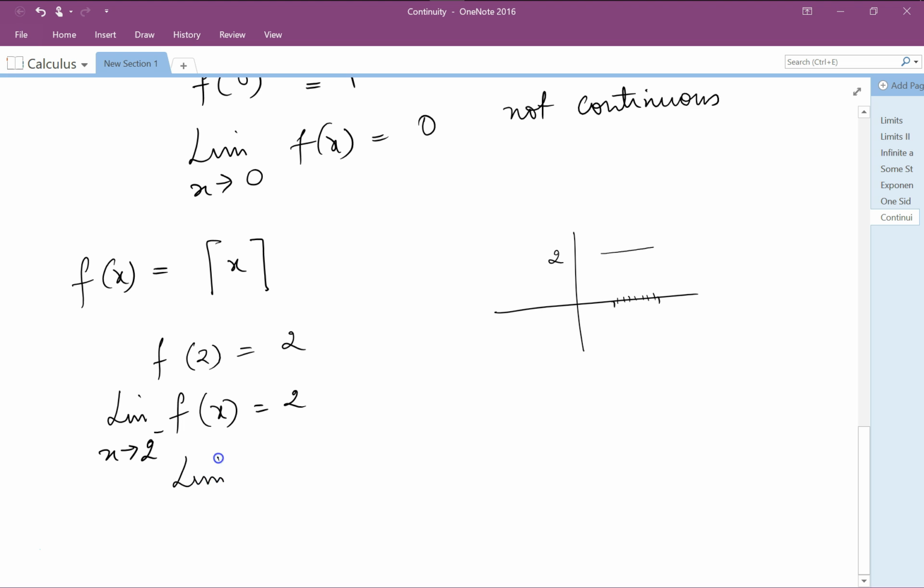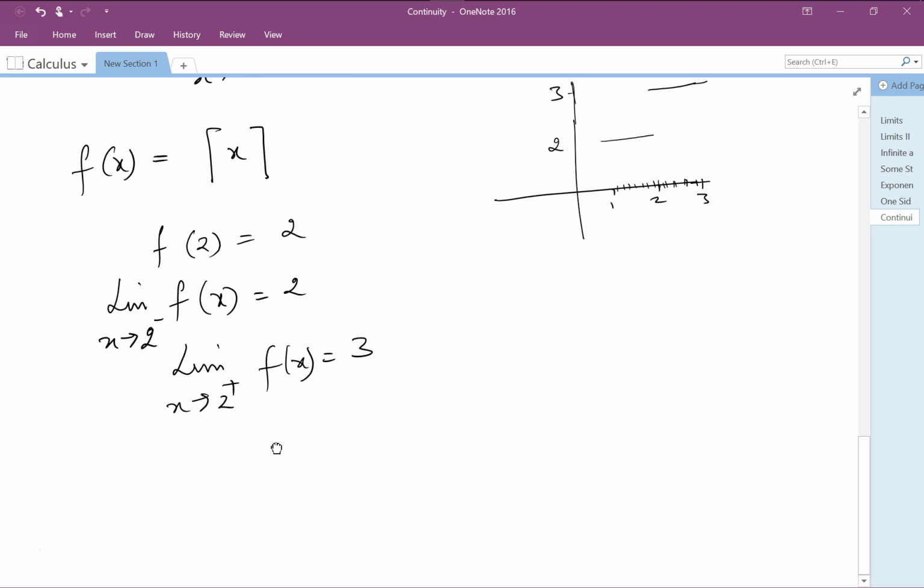Now let's look at the limit as x approaches 2 from the positive side of f of x. Let's say this is 1, this is 2, this is 3. As we come closer and closer to 2, f of x will be 3. Yes. So our third condition fails: the limit as x approaches 2 from the negative side, which is 2, is not equal to the limit as x approaches 2 from the positive side.